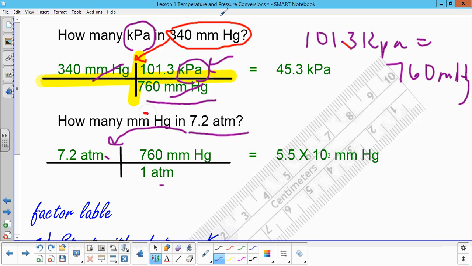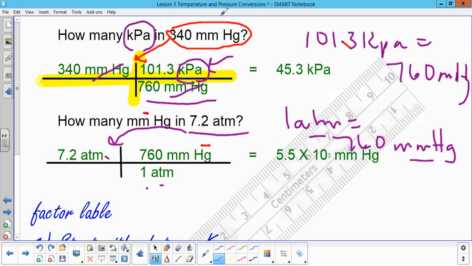I want the units millimeters of mercury, so I put the units millimeters of mercury up at the top. The truth is, from our formula on the last page, that 1 atmosphere is exactly the same thing as saying 760 millimeters of mercury. These are all standard pressure again. So beside the units atmospheres, I put the number 1. Beside the units millimeters of mercury, I put the number 760.